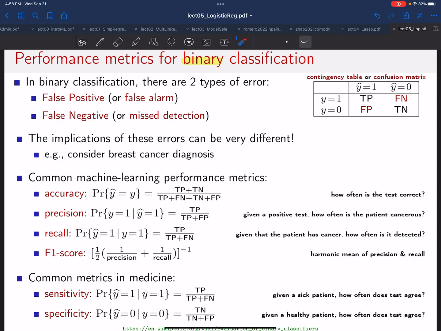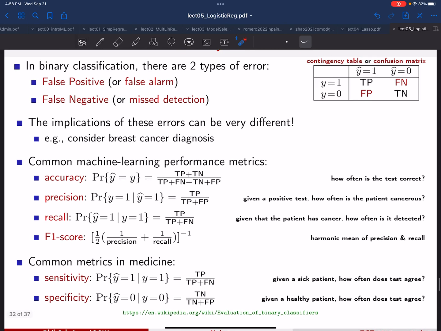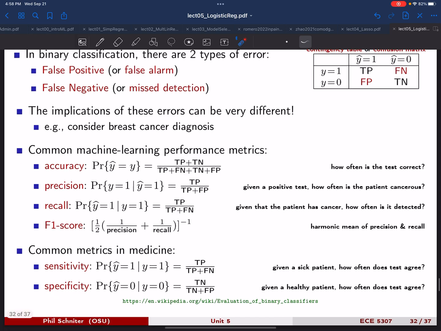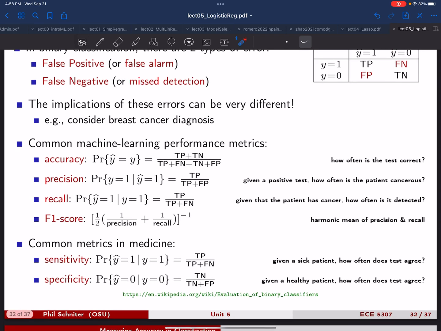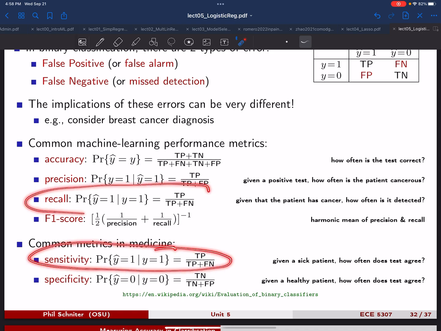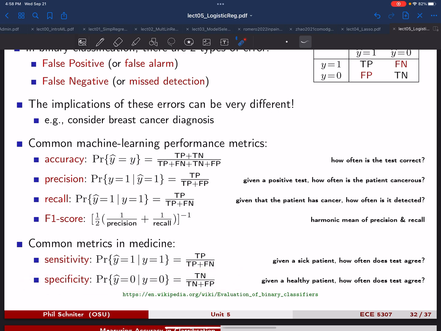Okay, so these are probably the most common ones in machine learning. Now, if you go to the medical literature, they use sensitivity and specificity. Turns out sensitivity is exactly the same as recall, but specificity is a little different. So specificity is what's the probability that y hat equals 0 given that y equals 0.